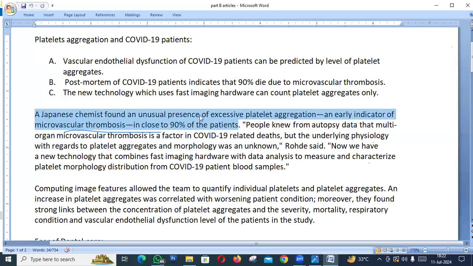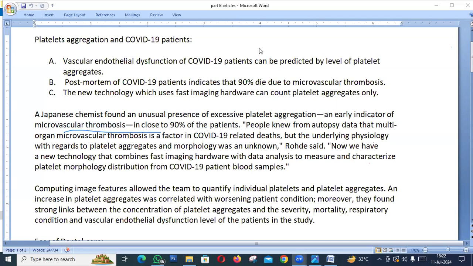They are saying that if you get COVID-19, in the class we have 30 people here. Let us change the example. If there are 100 people in any population who get COVID-19, out of these, 90% have excessive platelet aggregation.